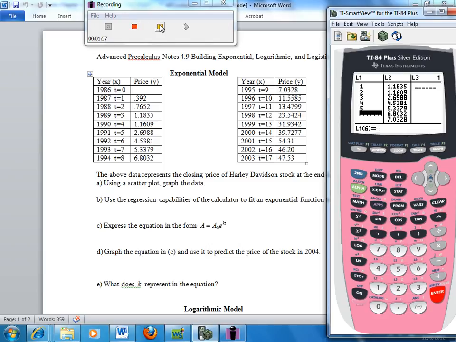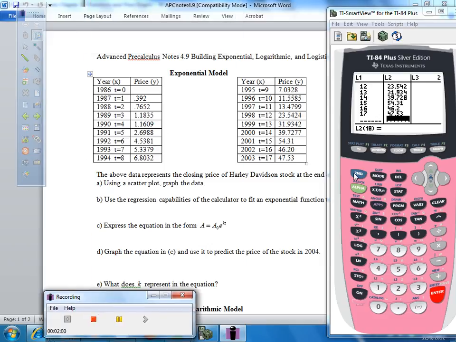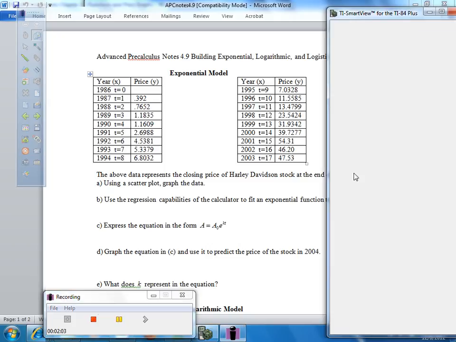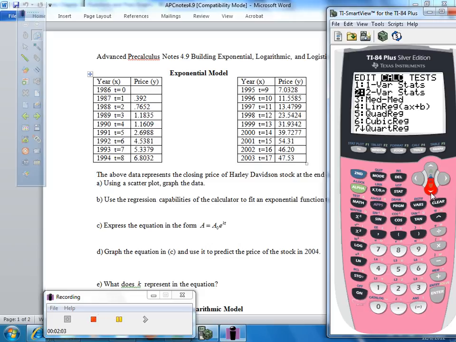Now you second quit out of there, and go to Stat, Calc. You want to do an exponential regression, so not linear regression, not quadratic regression, not any of those.